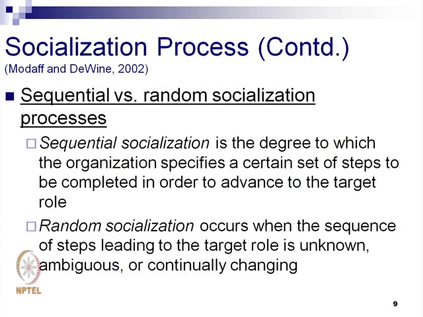Random socialization is that you have a list of things that you need to do, but the steps are not really known or don't even exist, or they are continually changing. For example, when you join an organization like academics, I know I have to get a library card made. I know I need to get an identity card made. I know I need to open a bank account, if I'm in a new place, where my salary can go.